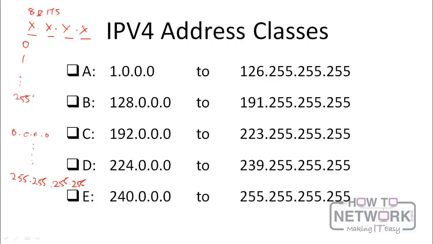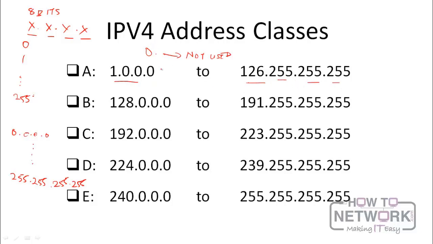Now, these addresses are divided into what are called different classes of addresses. So we have classes A to E. What you need to know about the classes for now is that, first, the addresses that start with 0 are not used. The first class starts from 1, and that's class A. And it goes from 1.0.0.0 all the way to 126.255.255.255.